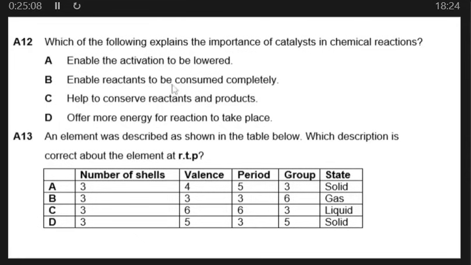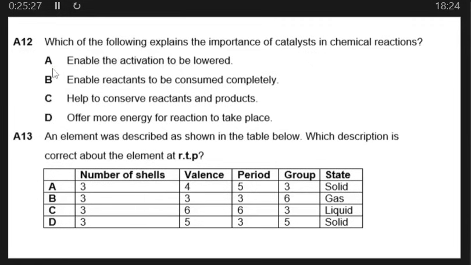Then B, to enable reactants to be consumed completely, not really. C, help to conserve reactants and products. No, reactants must actually react to form products. Then D, offer more energy for reaction to take place, not really.